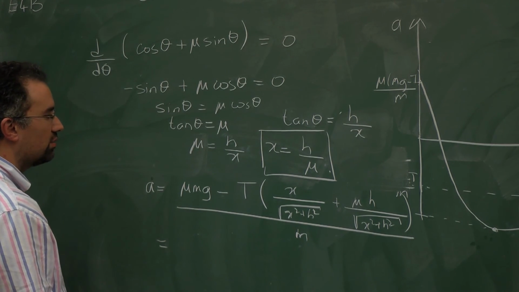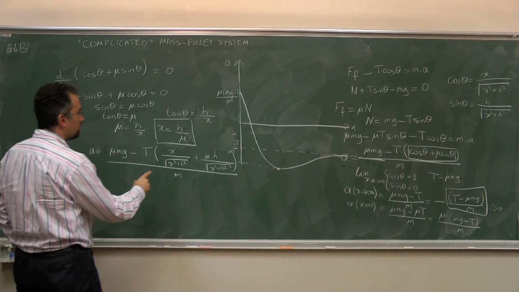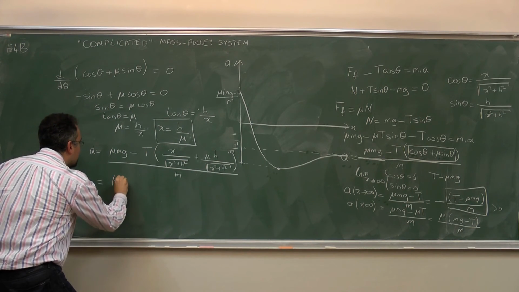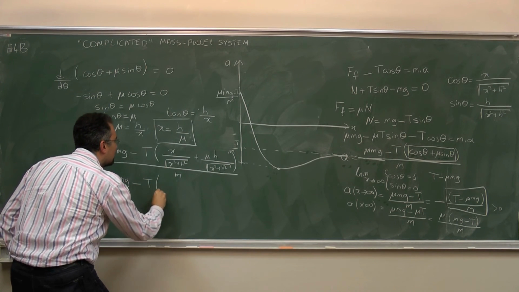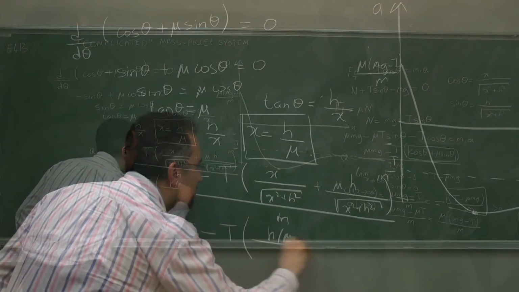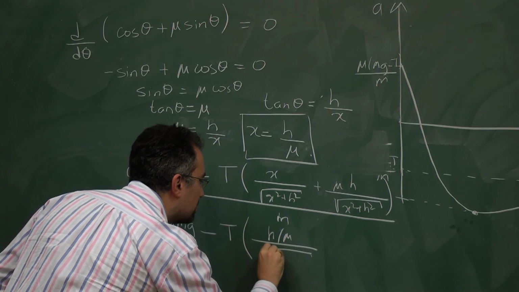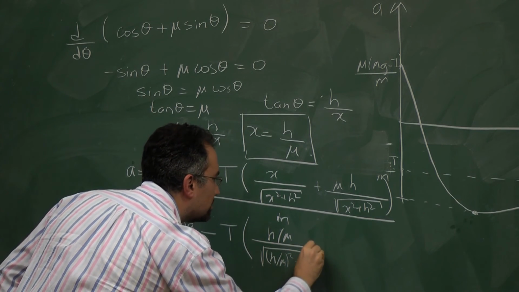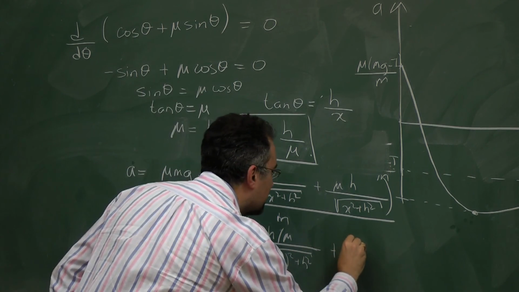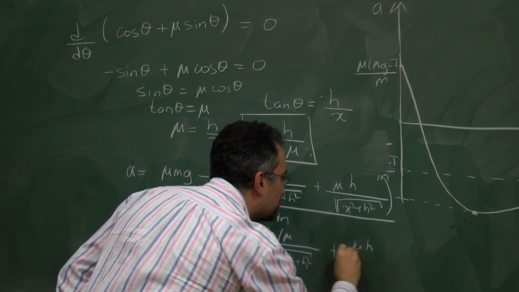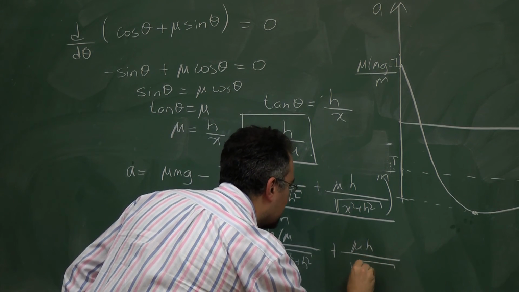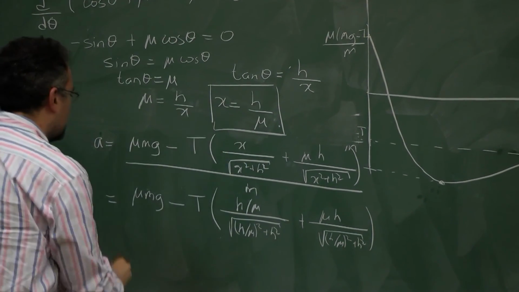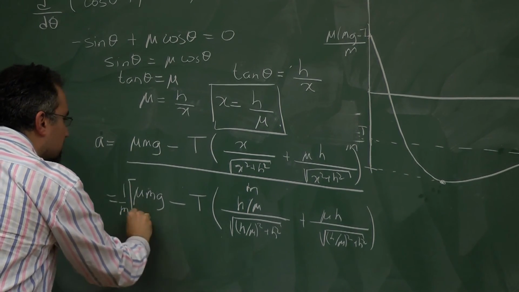Now I'm going to plug in h over mu for x. It's (h over mu) over square root of (h over mu) squared plus h squared, plus mu h over square root of (h over mu) squared plus h squared. I'll put the 1 over m over here.